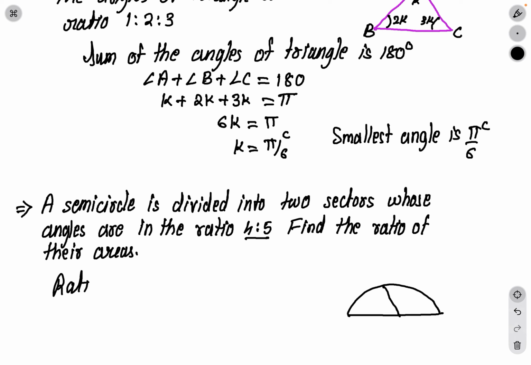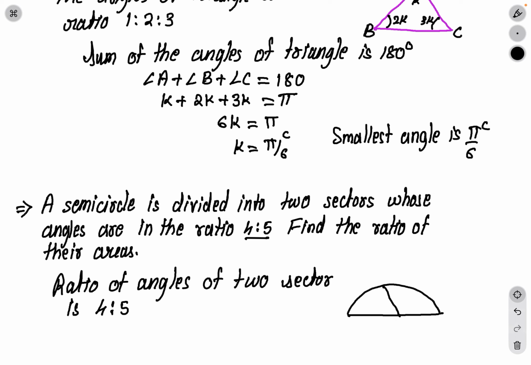The ratio of angles of two sectors is 4 is to 5.